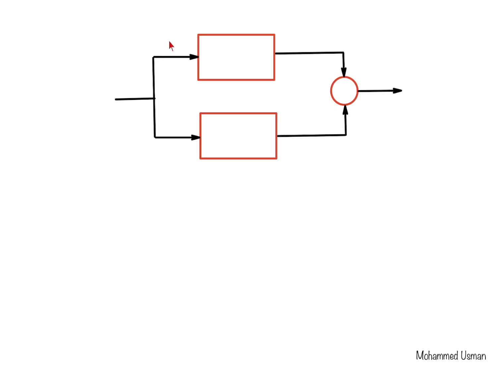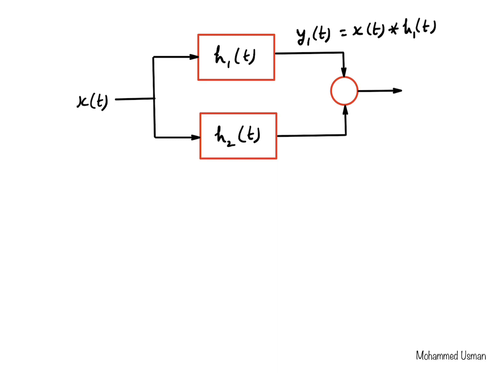So we have this example of a parallel system. The system on top, let's say it has an impulse response h1 of t, and the system at the bottom has an impulse response h2 of t, and for some input signal x of t, the system on the top produces an output, let's call it y1 of t, which is equal to x of t convolved with h1 of t.